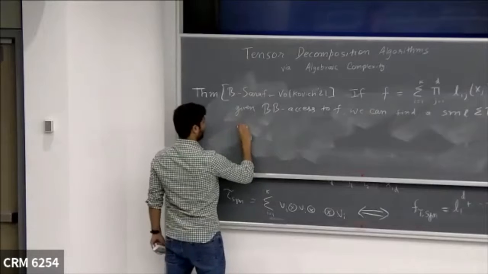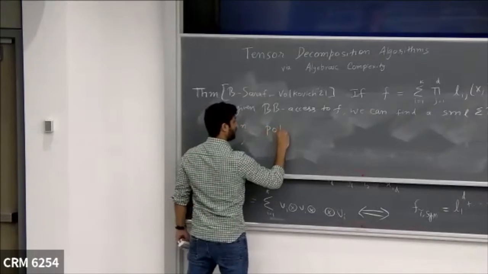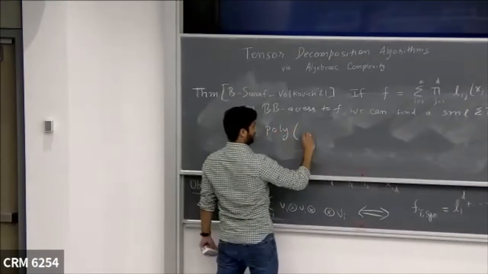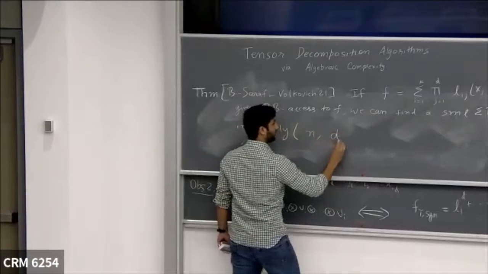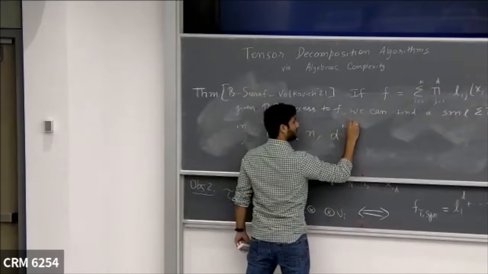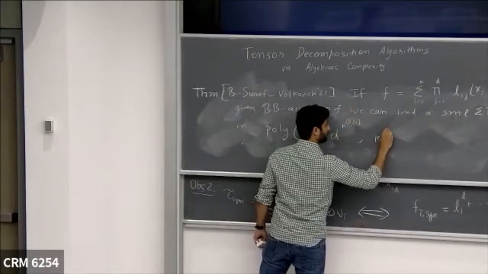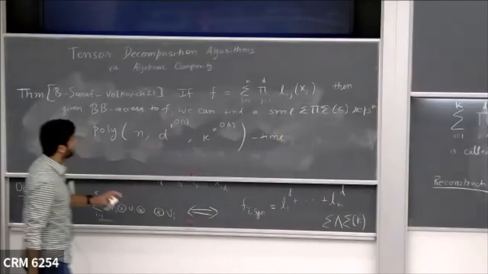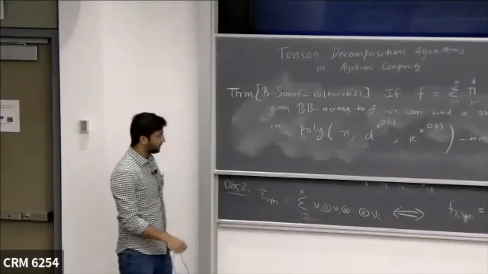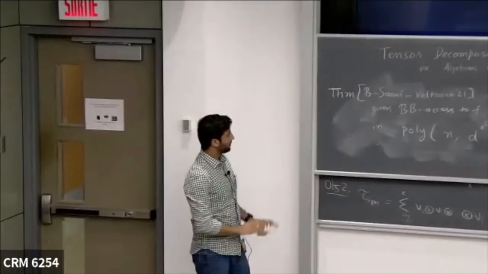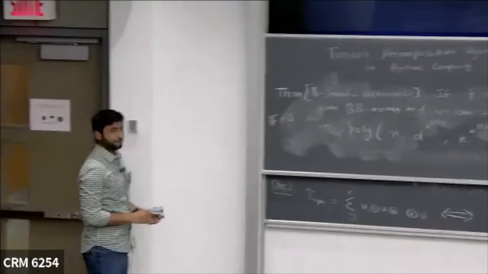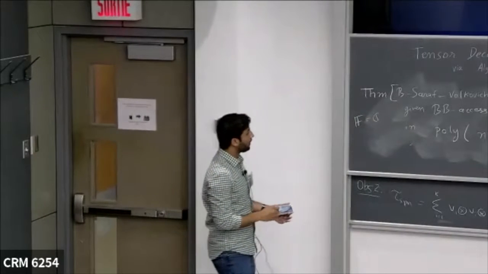In poly of n, d to the k to the order 1, and then k to the k to the order 1. For this talk, the field is complex, since otherwise this time complexity depends on the field, but this is for complex.